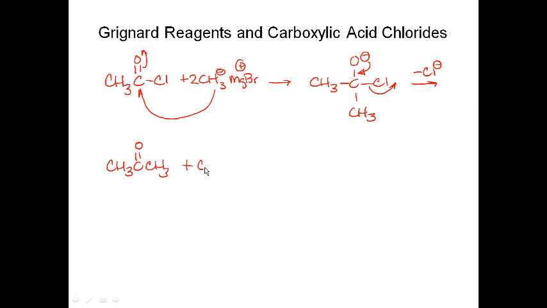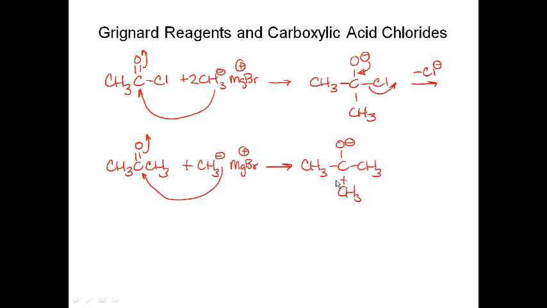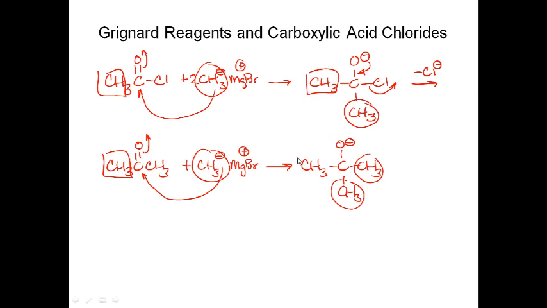And now the second equivalent of Grignard comes in and adds to that carbon. The pair of electrons gets moved up to the oxygen, so that now I form my tertiary alkoxide, where again two of the methyl groups have come from the Grignard, and the other methyl group in this case came from the original ester.